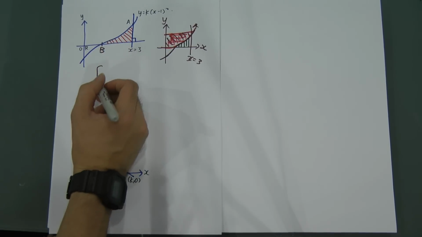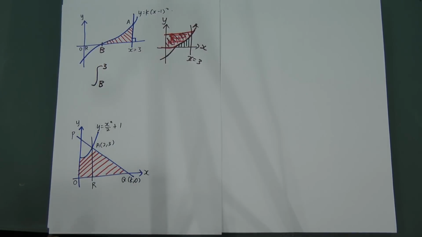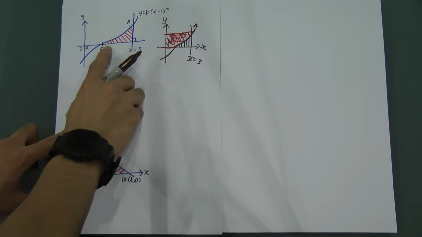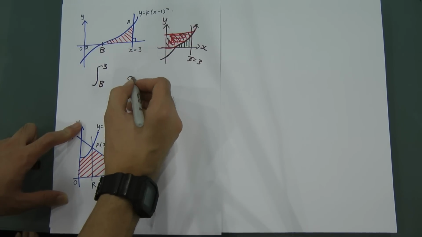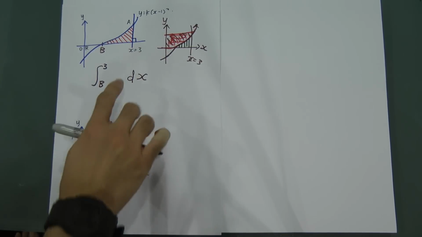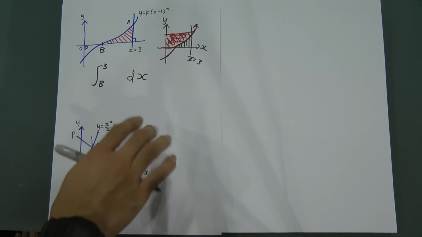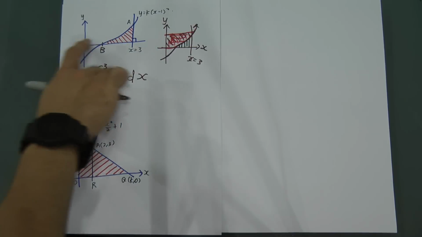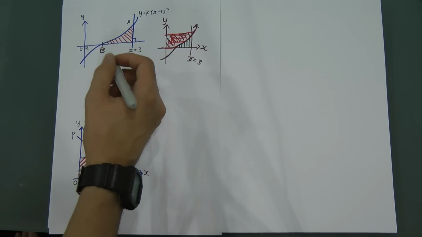Smaller value I write at the bottom, bigger value I write on the top. Because we integrate on the x axis, behind here I write dx. dx means we differentiate with respect to x. In the middle we write y.